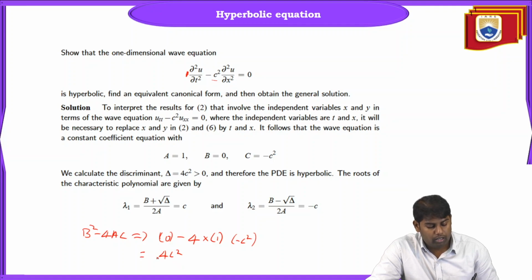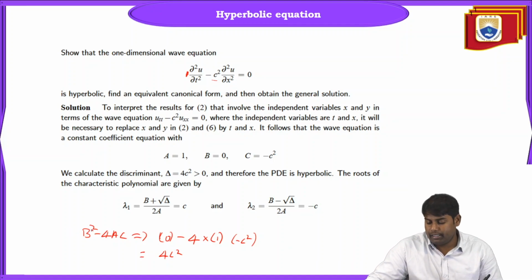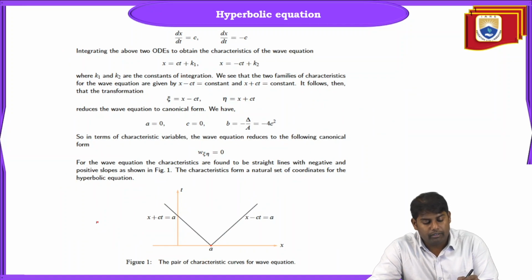So therefore lambda 1 is c and lambda 2 is minus c. So here we have dx by dt is equal to c, dx by dt is equal to minus c. So when you integrate, you have x is equal to ct plus k1. So next equation, x is equal to minus ct plus k2.